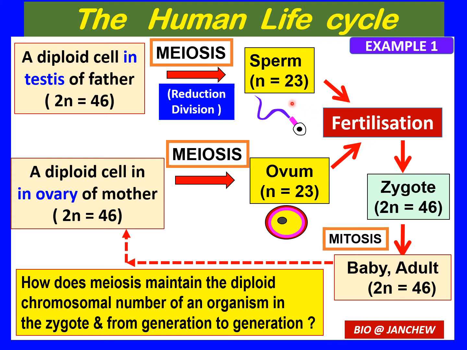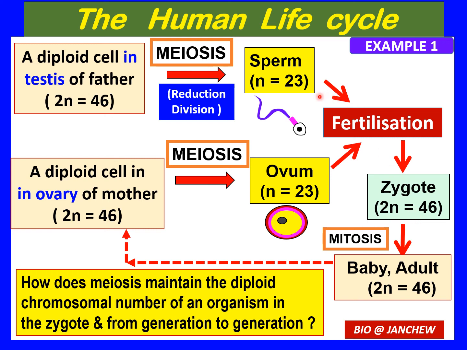when the sperm and ovum fuse together, the nuclei of the two gametes will fuse. Then the chromosomes from the sperm will combine with the chromosomes from the ovum in one nucleus, the nucleus of the zygote, which is formed through fertilization. So the nucleus of the zygote will have 2 sets of chromosomes.